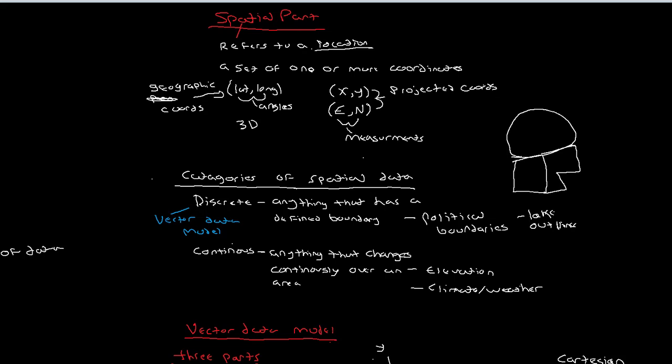But how can we tackle this idea of something that is continuously changing over an area? Right, and we used the examples of elevation, climate and weather data, etc. Well, what we're going to do is implement something called raster data, or the raster data model.